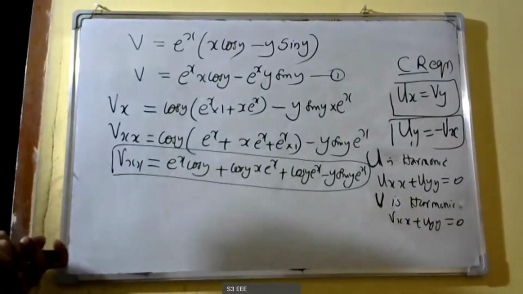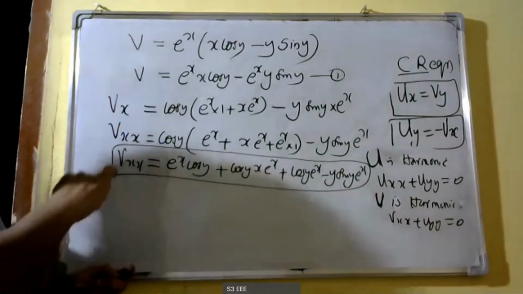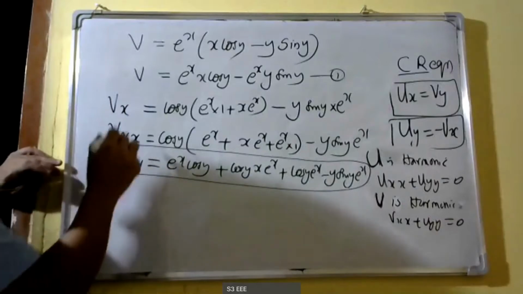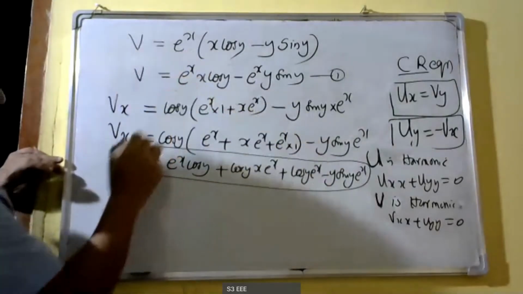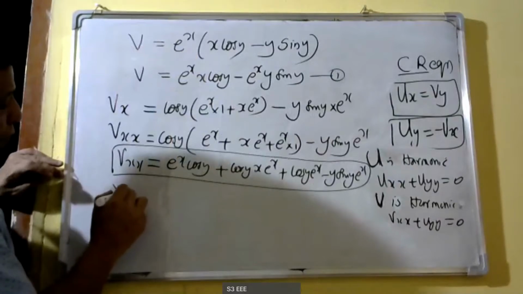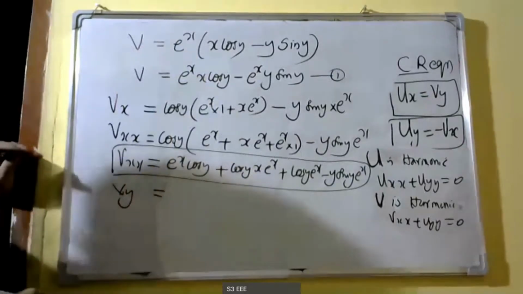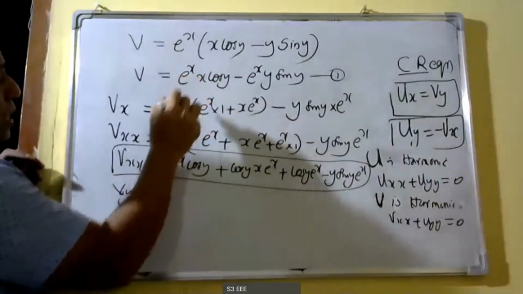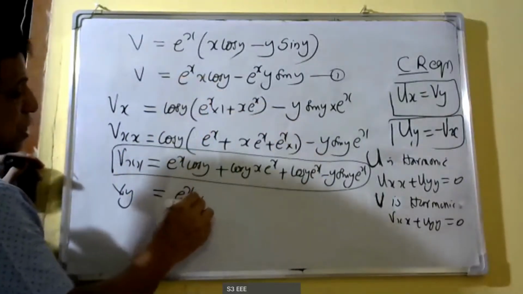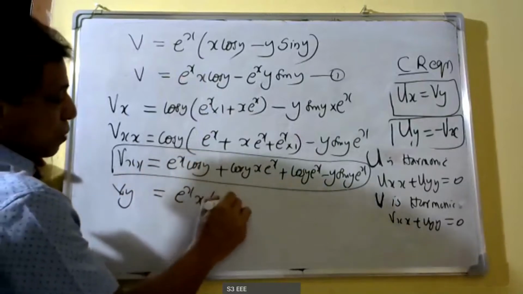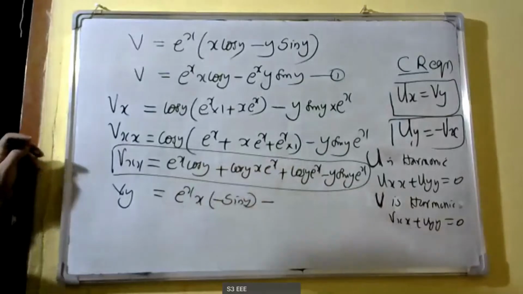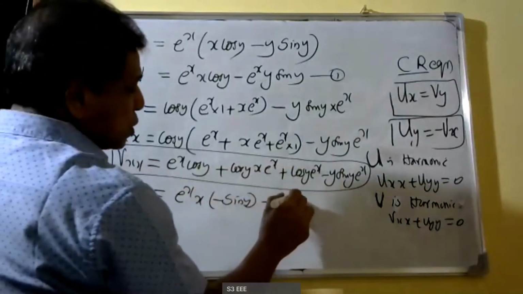Similarly, we can differentiate with respect to y. Therefore, V equal to e raised to x into x cos y minus e raised to x into y sin y. Differentiate with respect to y, Vy. That is, e raised to x into x is constant, and for cos y the derivative is minus sin y. Minus. In the second case, e raised to x is constant.